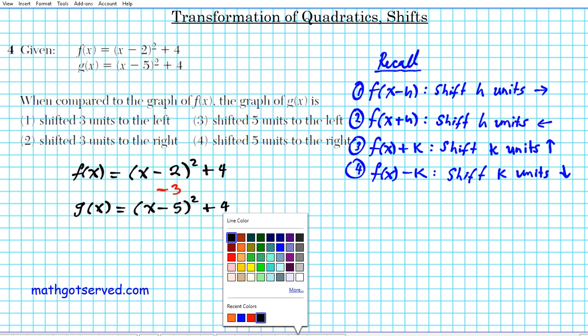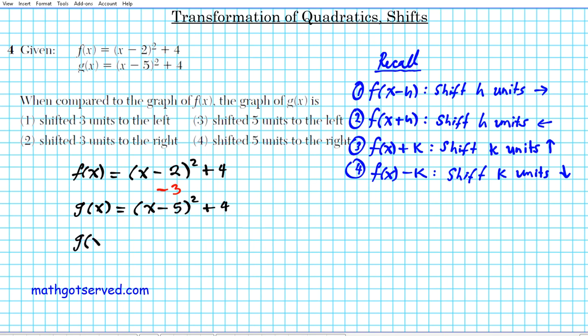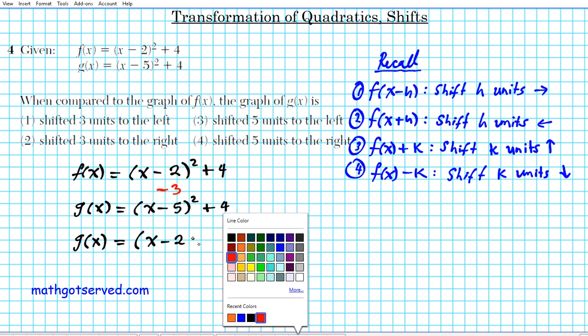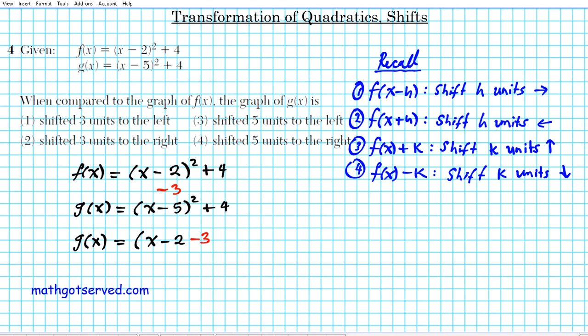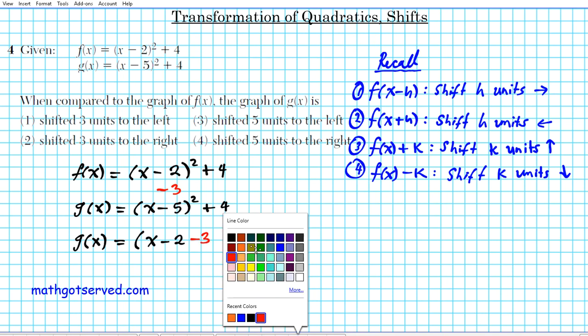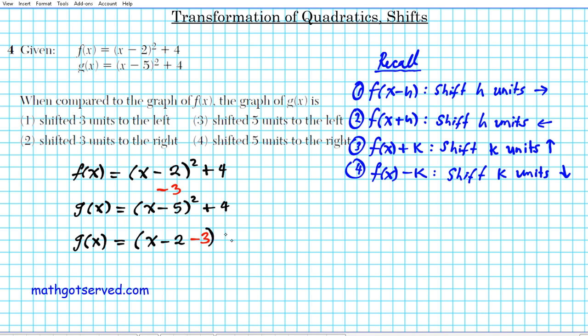Let me illustrate that to you algebraically. This is really nice. So you have g of x equals x minus 2 minus 3, so we are subtracting a number from the x inside the parentheses, plus 4. Whenever you subtract a number from the inside, you're looking at case 1 or 2. In this case, when it's minus, it's going to be a shift to the right. If it's a plus, it's to the left.